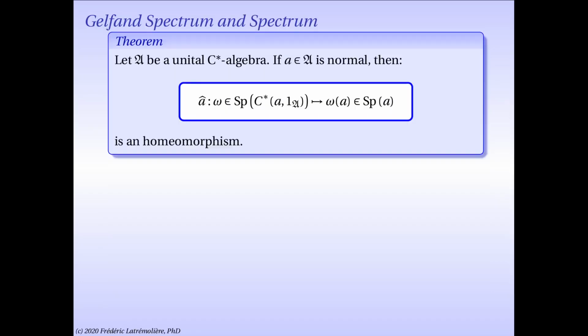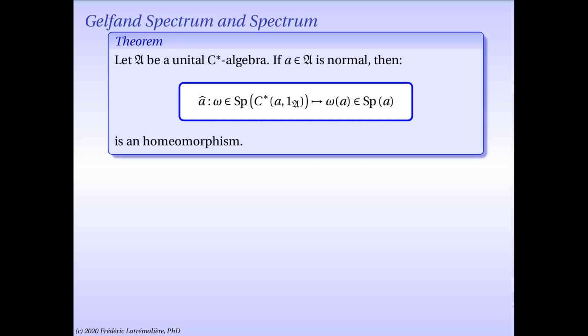So we can now state our main result about the computation of the Gelfand spectrum of a C-star algebra generated by a normal element without any ambiguity. So we fix some unital C-star algebra, and we pick a normal element in that C-star algebra, which we call A. The C-star algebra generated by A and the unit is abelian, so we can look at its Gelfand spectrum, which is the set of all its characters.